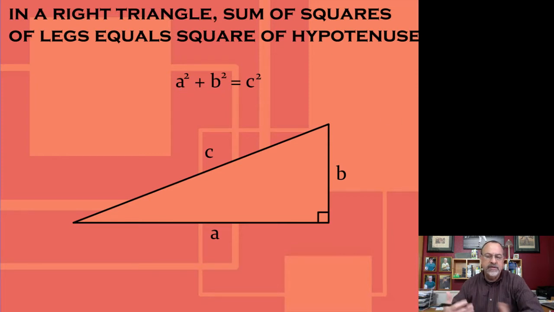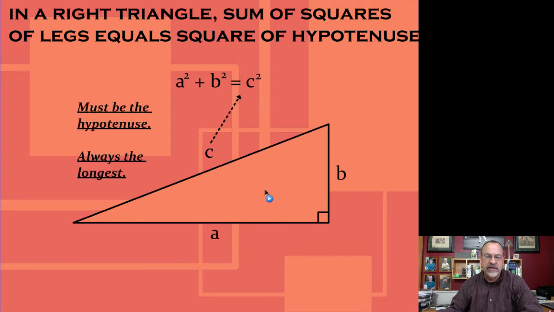Now, this is a rather simple theorem, but there is one part that always gets confused and always creates some mathematical errors, and that is we must remember that the value that goes in for c must be the hypotenuse, and that's always going to be the longest of the three values. A and b are lengths of legs, c is the length of the hypotenuse, and the hypotenuse will always be the largest value.